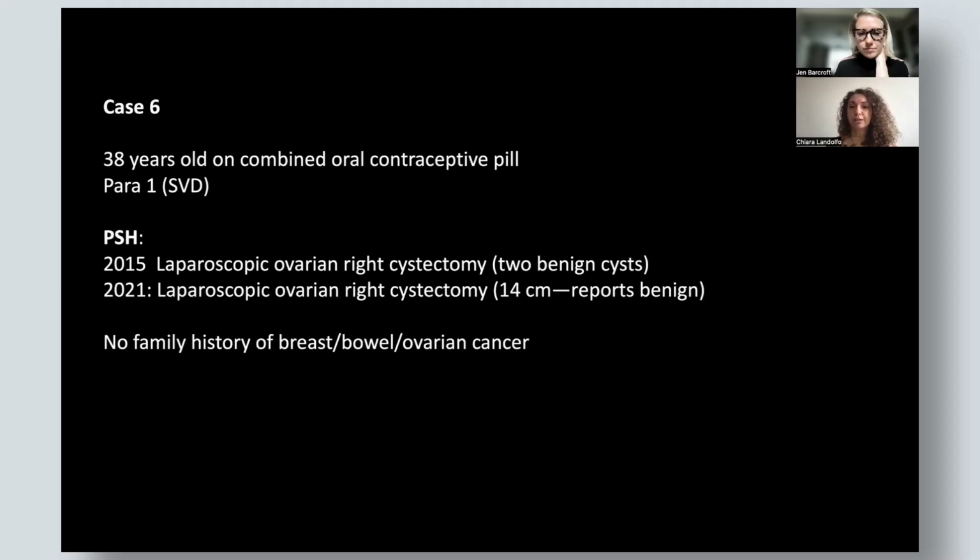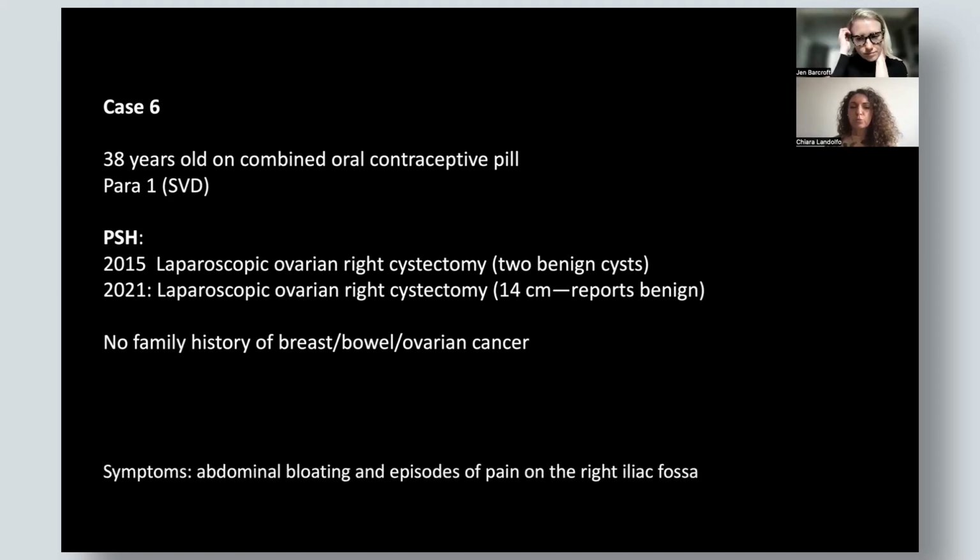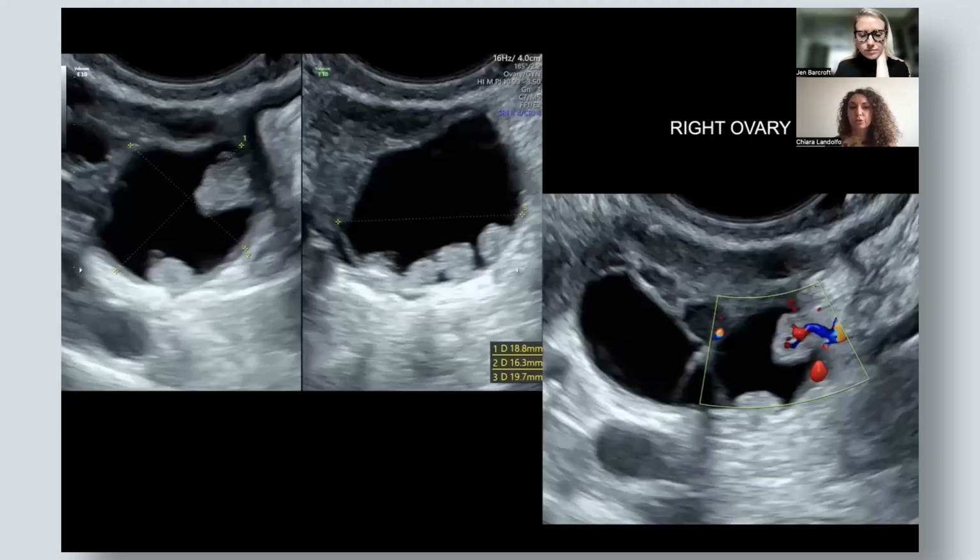She was operated elsewhere. She reported there were always benign cysts. And she had no family history of cancer of the breast or the bowel or the ovary. She had some symptoms, which were abdominal bloating and some pain in the right iliac fossa, which was actually the reason why this patient was referred.